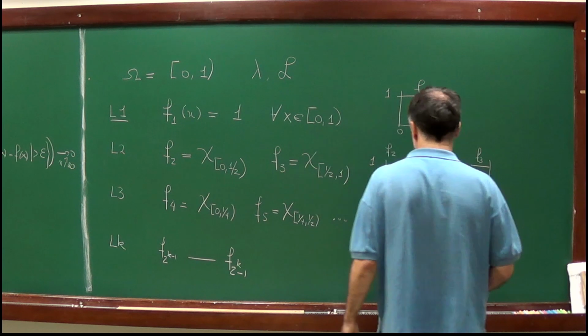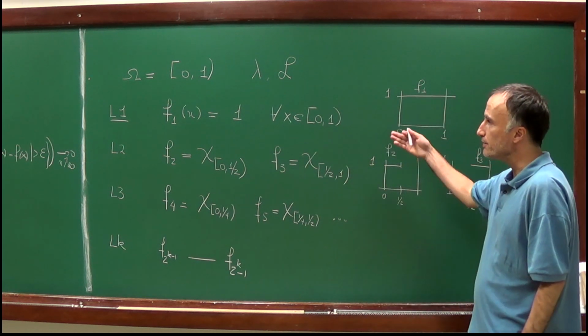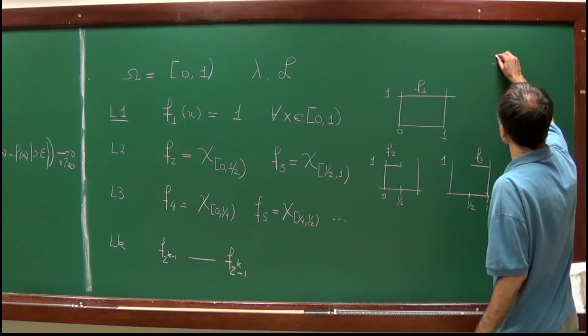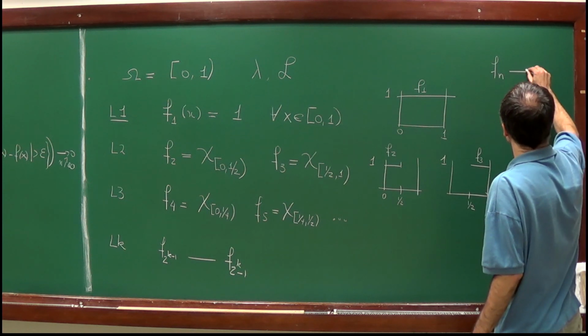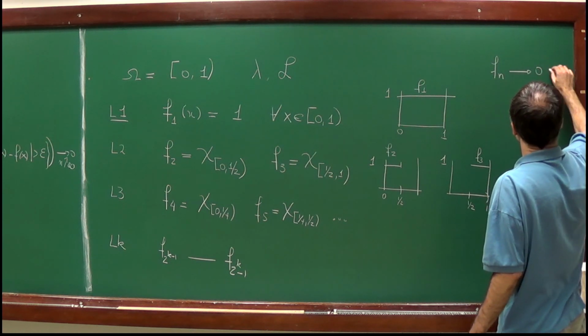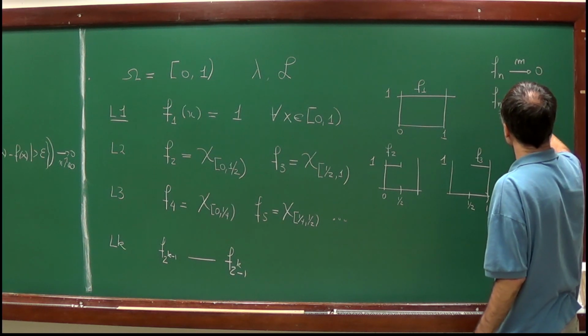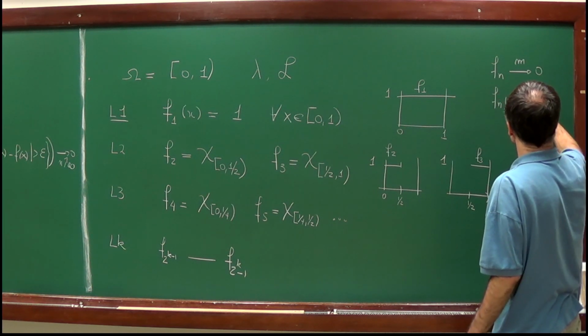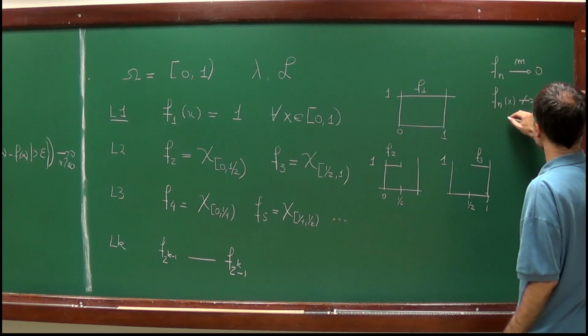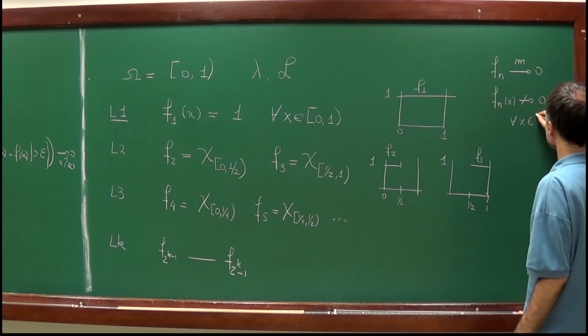My first claim is that this sequence of functions f_n converges to 0 in measure, and it's clear that f_n(x) does not converge to 0 for any x in the interval [0,1].